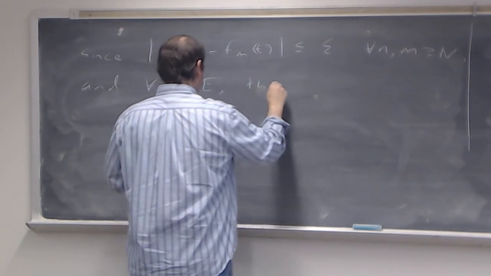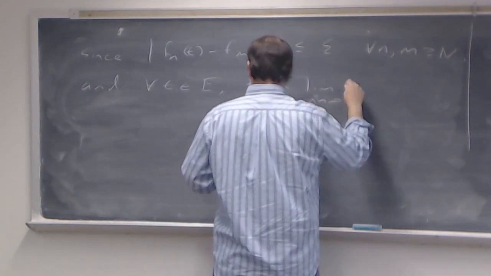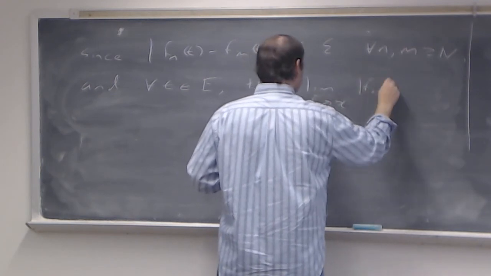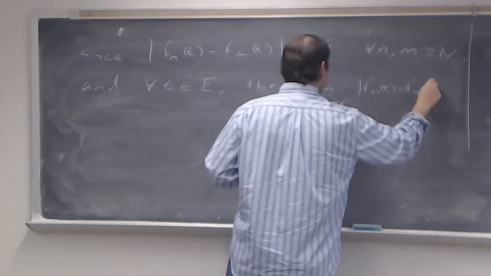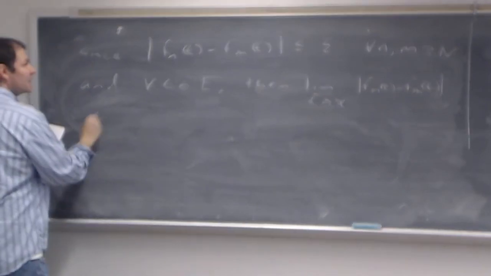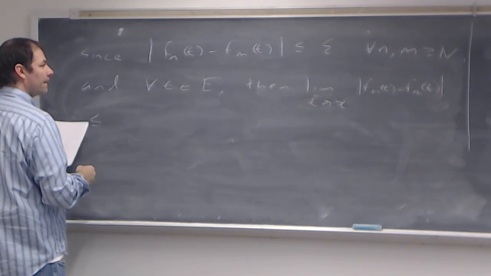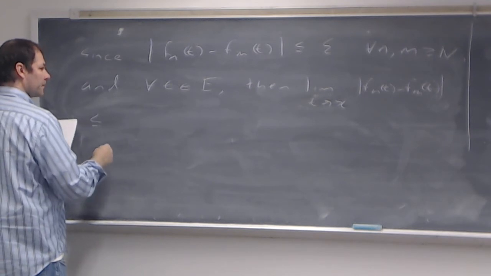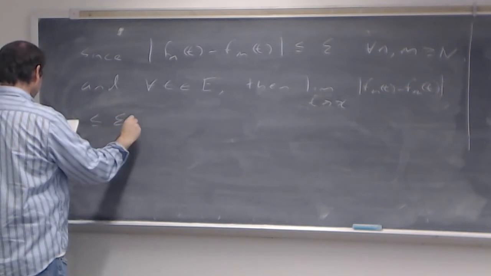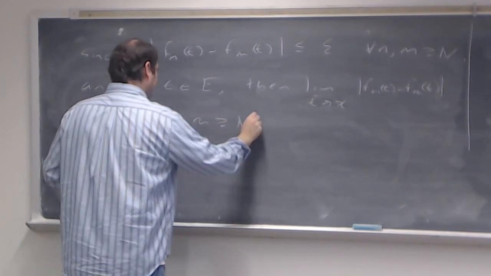Then the limit as t goes to x of the absolute value of f sub n of t minus f sub m of t will be less than or equal to epsilon, and that's for all n and m greater than or equal to N.